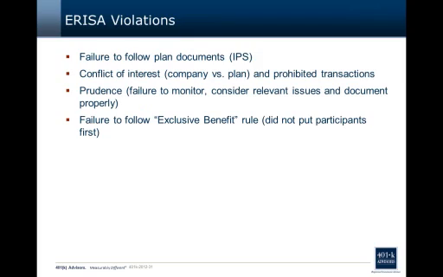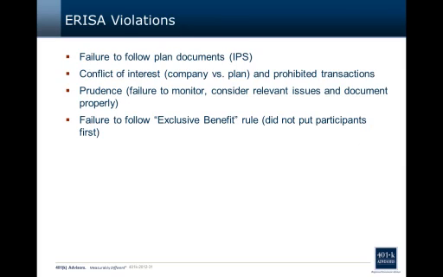So the violations for this particular plan were, one, failure to follow the plan documents, that written IPS; a conflict of interest, they were wearing their company hat when they should have been making fiduciary decisions; a prudence violation, a failure to monitor, to take into account relevant issues and document properly; and a failure to follow exclusive benefit rules.